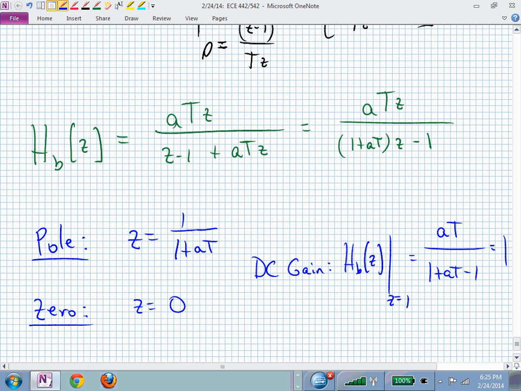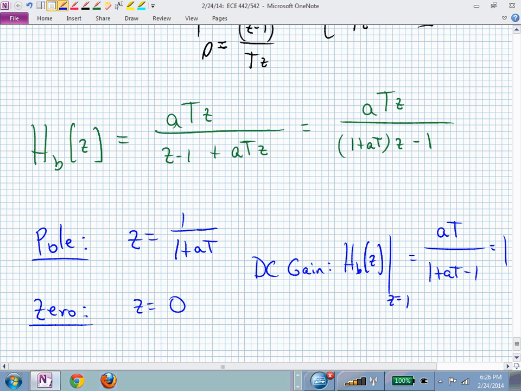So now the question was, if I really want an accurate integration, I would pick capital T really, really small. All right? If you pick capital T really, really small, whatever A is, this is going to be bigger than 1, isn't it? So we're going to be slightly inside the unit circle. But what does that tell you?